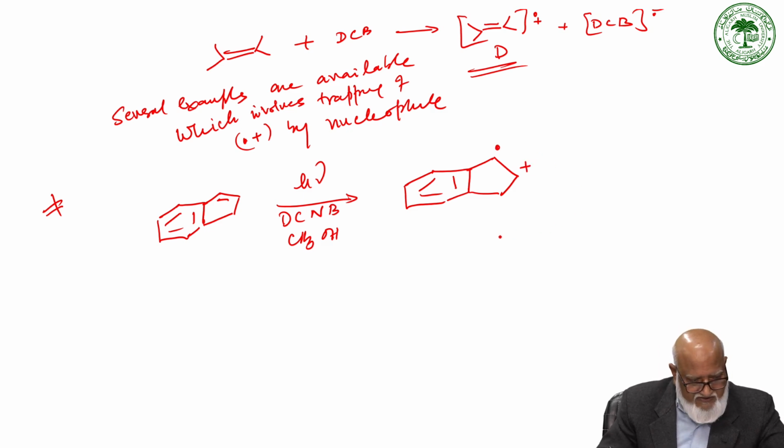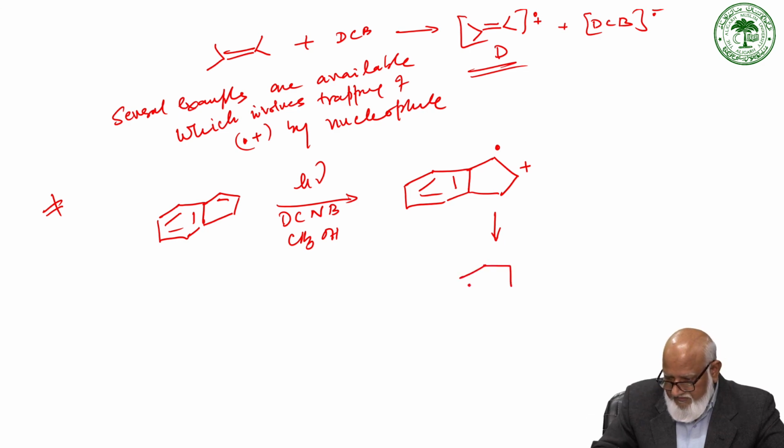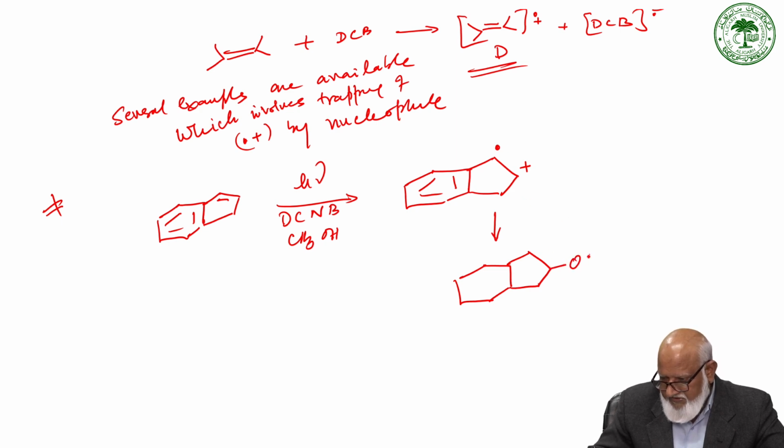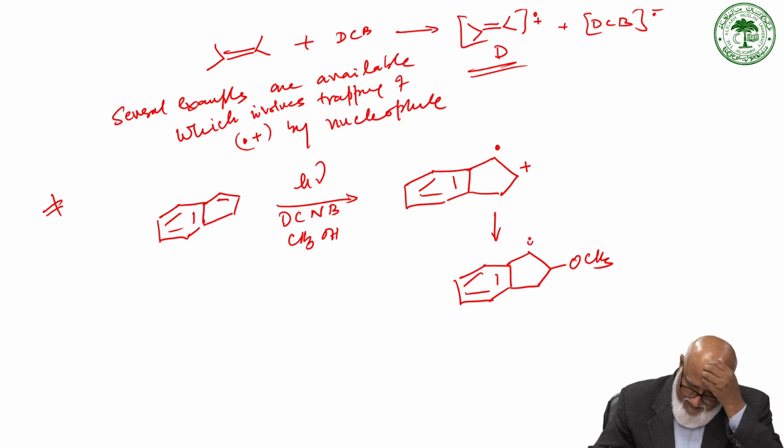This radical cation is nicely trapped by methanol to give an OCH3 and a radical here.